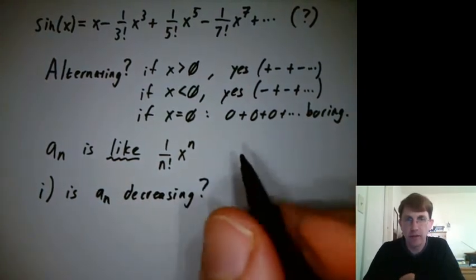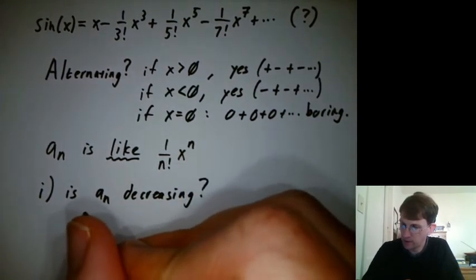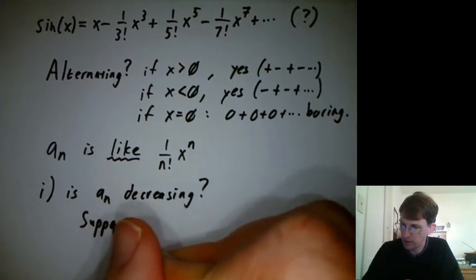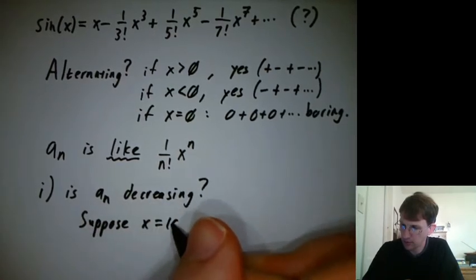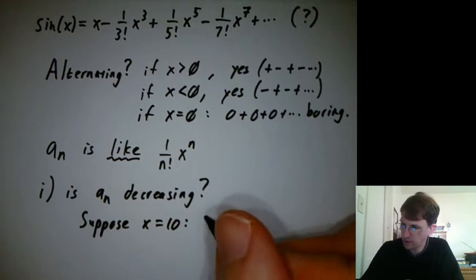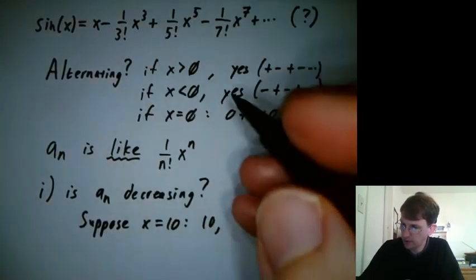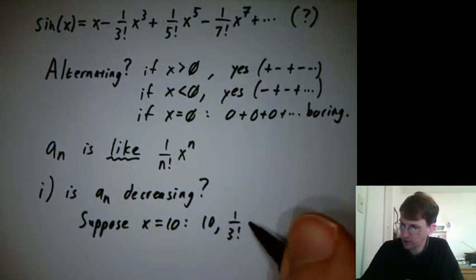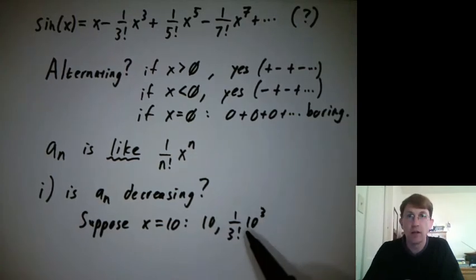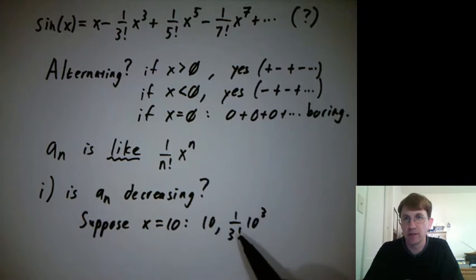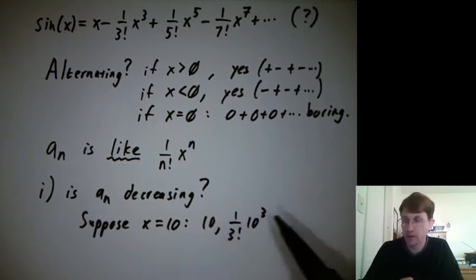So this one gets a little complicated. Let's suppose x equals 10. We would have 10 and then 1 over 3 factorial times 10 cubed, which is massively bigger than 10, right? 10 cubed is 1,000 divided by 6. It's still massively bigger than 10.